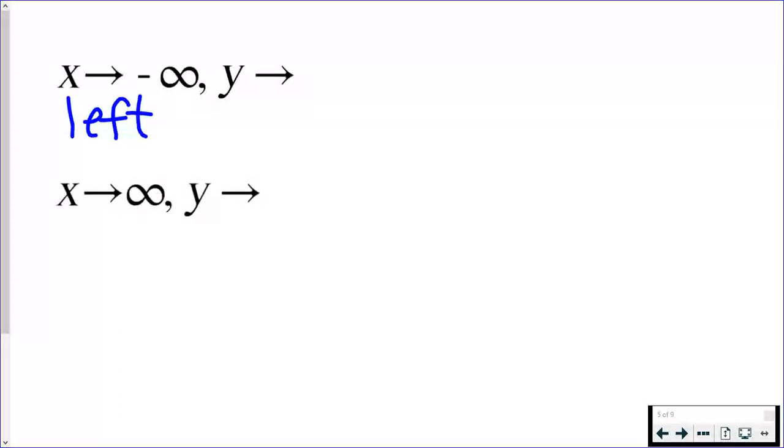Well, on the left side of this graph, y could be approaching positive infinity, negative infinity. It can be approaching something on the left side of this graph, and that's what I will demonstrate in the next few slides. The next line, x is approaching positive infinity.